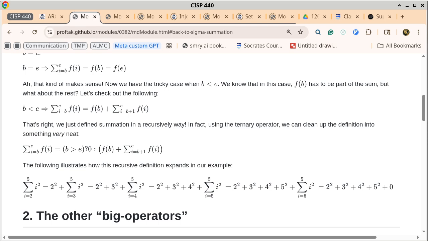On the other hand, this is else. We know that there's at least one item that we have to add. So we know that B, which is the beginning of the range, needs to be evaluated using f of B, and f of B has to be at least a part of the total, the answer of this sigma notation as a whole. And then we just add it to another sigma notation.